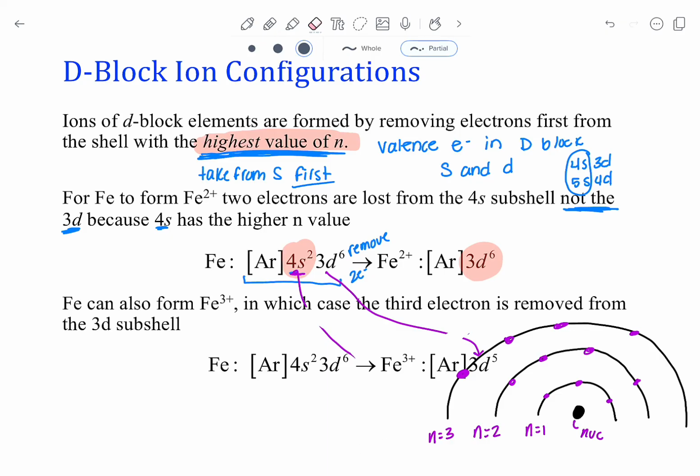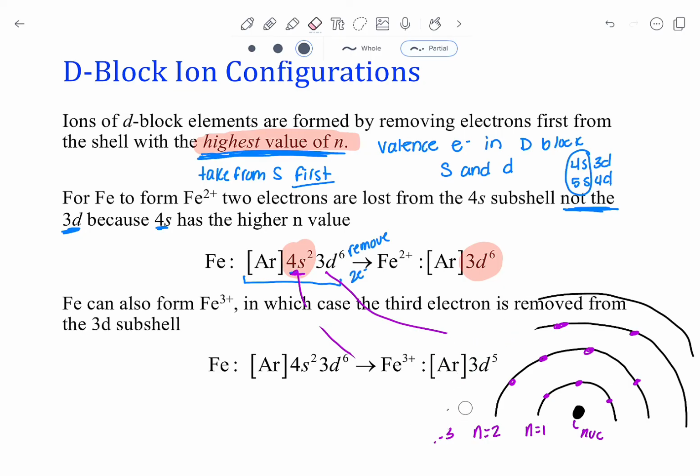So this is where thinking of the atom as these layers with shells surrounding it is easier than what we're seeing in our ordering of our electron configurations. So you just have to remember highest n first, and then we go from there. Because these are shells, we have a shell that has the electrons in it. So the highest n is our outermost shell, so we have to take from that shell first.